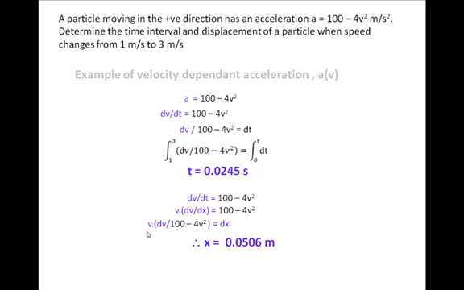Integrate the left side from 1 to 3 as we did here, and dx from 0 to x. You will get x as 0.0506 meters. So we have explained here how to deal with velocity dependent acceleration in case of straight line motion of a particle.